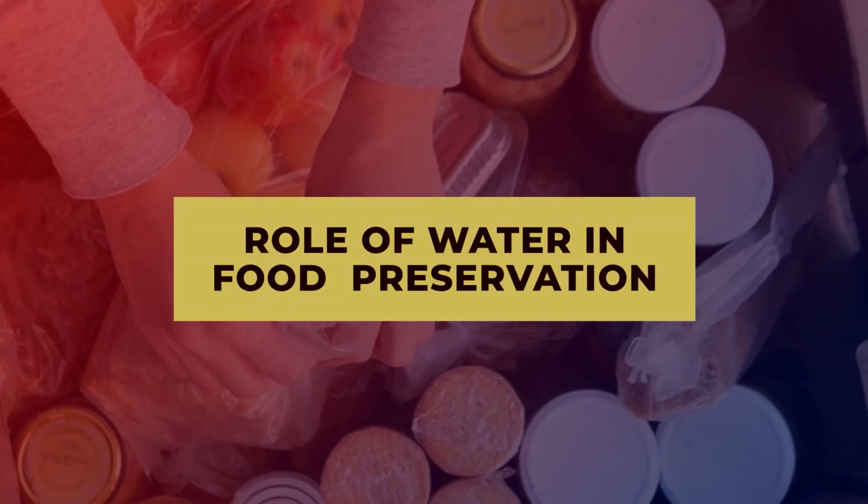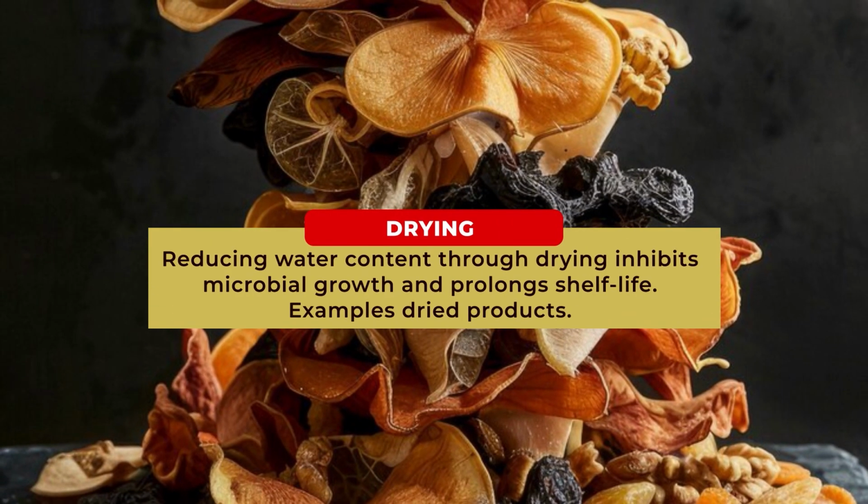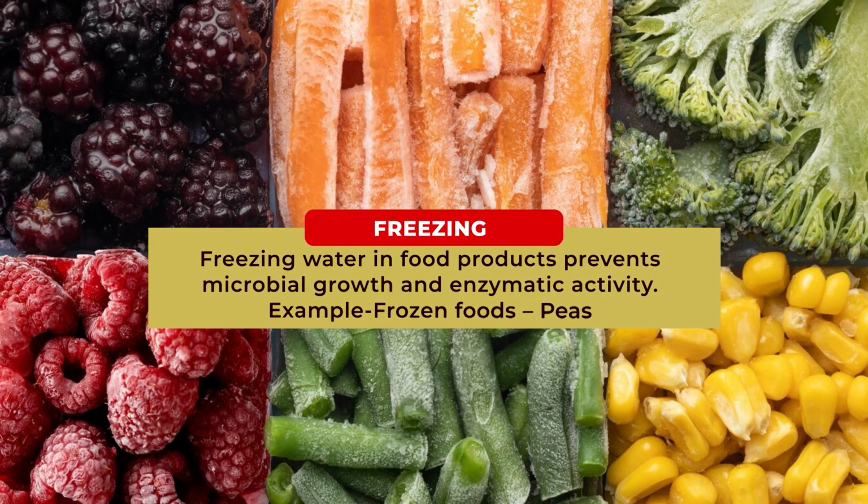Now, we'll come to the role of water in food preservation. There are methods involved, like the drying method, where we remove the water, which inhibits microbial growth and prolongs the shelf life of dry products. Similarly, frozen products, where the water is frozen. If you've seen frozen peas, they have a longer shelf life, microbial growth is less, and enzymatic activities are minimal.